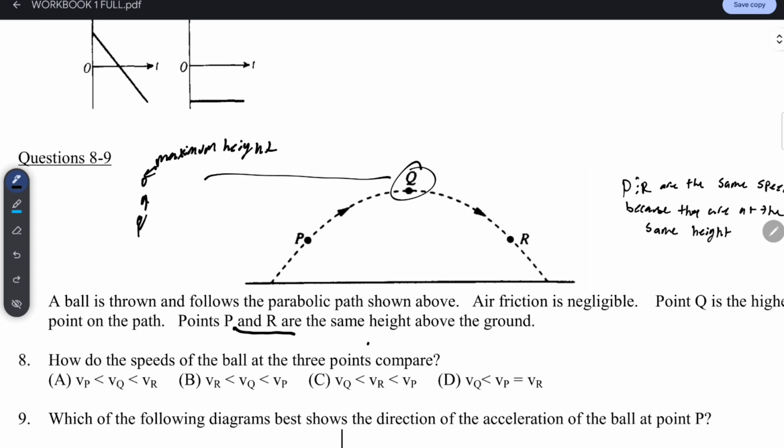You don't see it, but the ball stops in the air and then it comes back down.